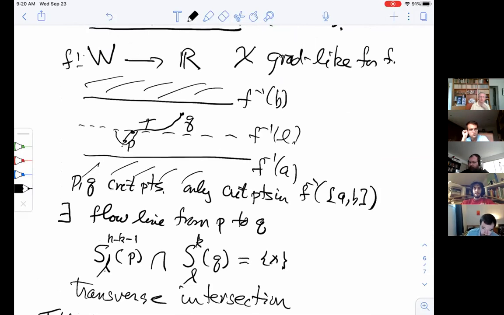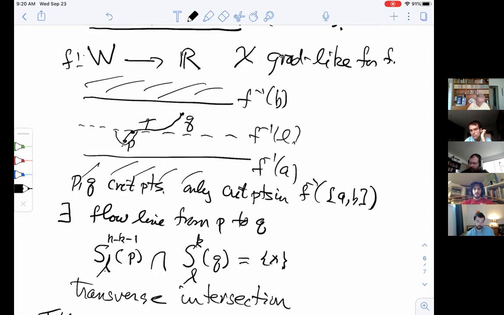Their indices differ by one, this unique flow line connecting them, and it's a transverse flow line. Under that hypothesis, I can cancel the pair of critical points P and Q without affecting F near any other critical point. So I don't create new critical points in doing this.